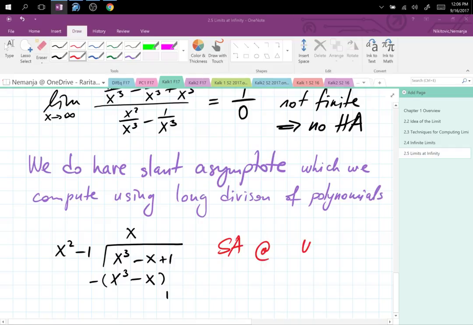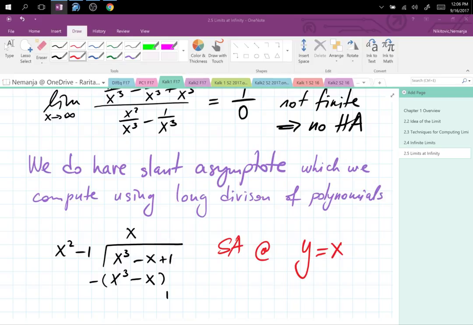Slant asymptote at y equals x. This will always be a linear function, y equals mx plus b, because when you divide degrees that are 1 apart, you always get the first degree back as the answer. I divided a cube by a square, and 3 minus 2 is 1.